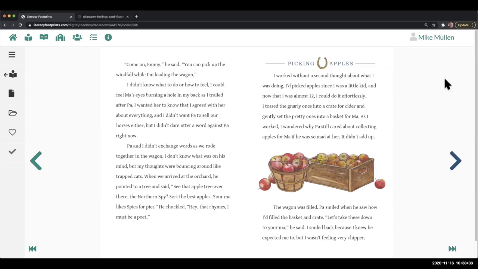Okay. Now, Paul and I didn't exchange words as we rode together in the wagon. Why do you think the author put that sentence in the story? What does it mean that Emmy and Paul didn't exchange words? Okay, get out your whiteboard and I want to see your answers. Why didn't they exchange words? Put it in a sentence as they rode together in a wagon.